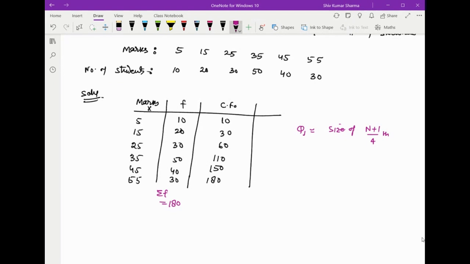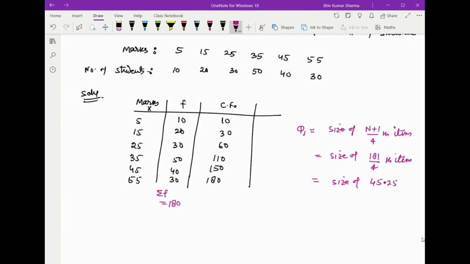Here n is the summation of f, so because this is a discrete series, we write 181 upon 4th item. So size of 181 upon 4th: 4 fours are 16, 4 fives are 20, and 0.25.